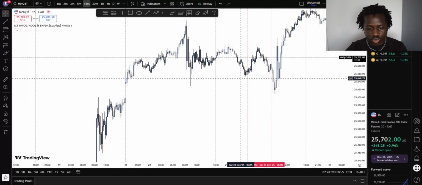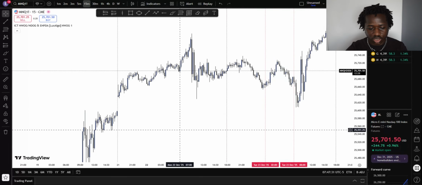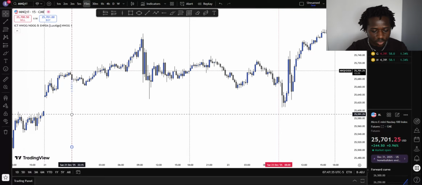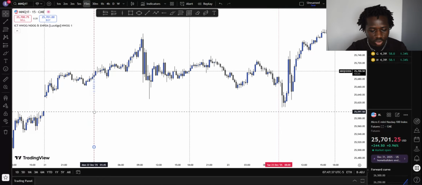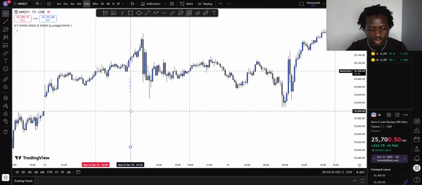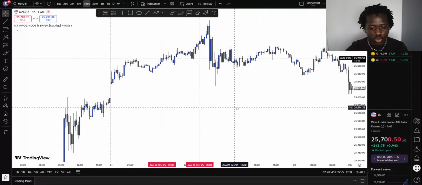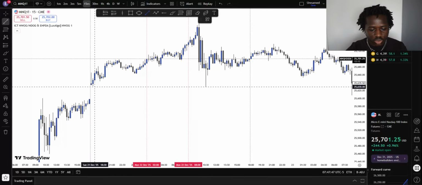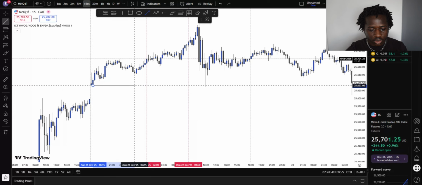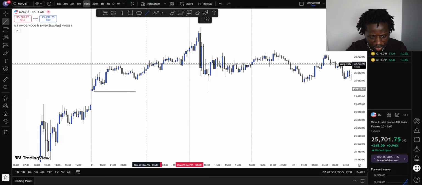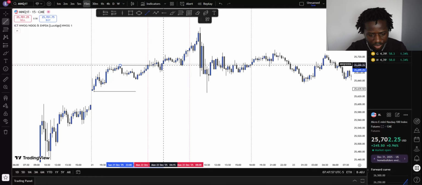I just like to use these vertical lines to make it easy for you to learn. If we put this here at 2 a.m. and we put this here at 8, we could have the Asian session low, which is here. We could have the Asian session high, which I don't know if this high took out, but we'll just say the Asian session high is here.